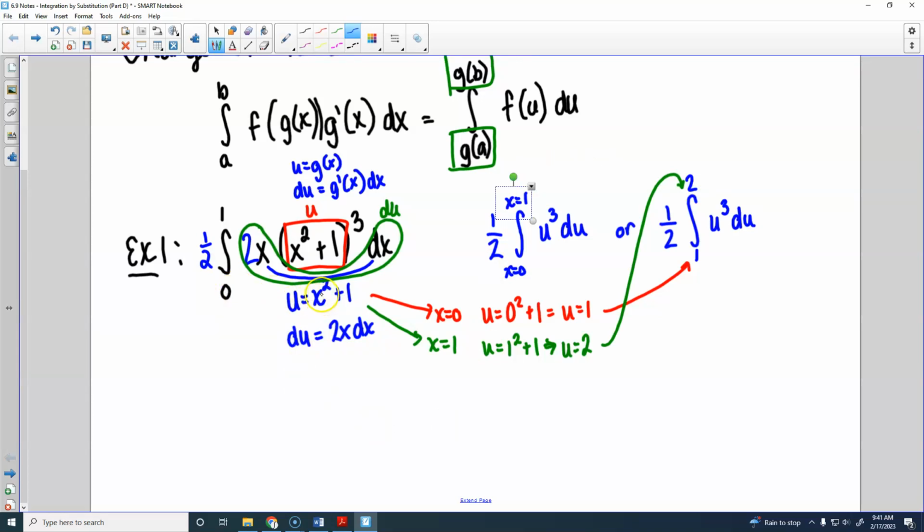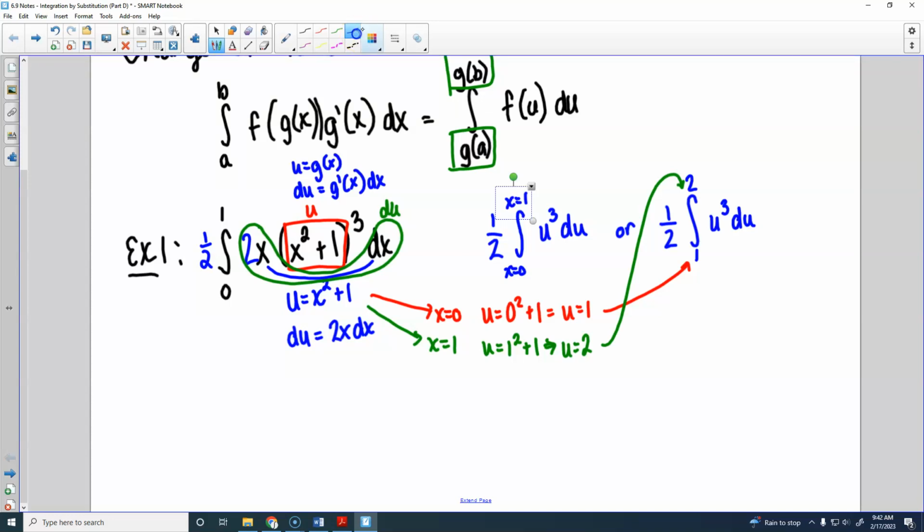So u equals 0 squared plus 1, and then we're using that as our new lower limit. And then we're taking our top limit, we're plugging it into our u equation and using that as our top limit. The really good thing about this is if you do this, those are u values, which means you don't have to plug the x stuff back in at all.